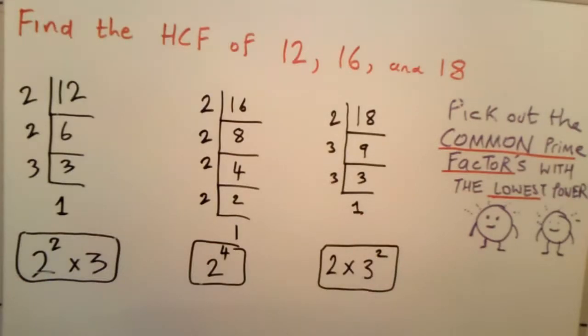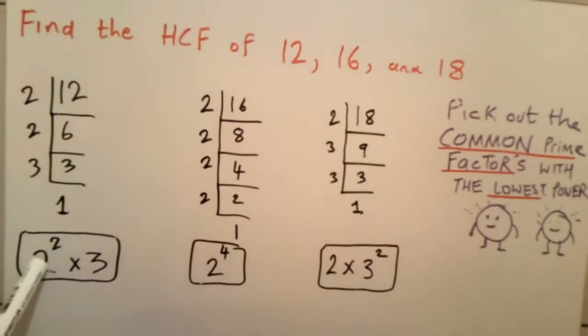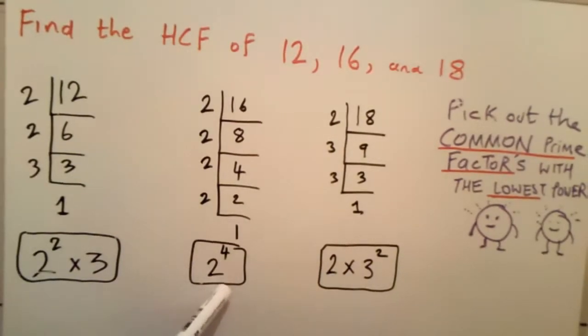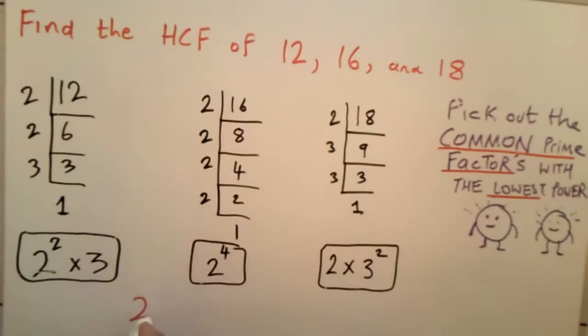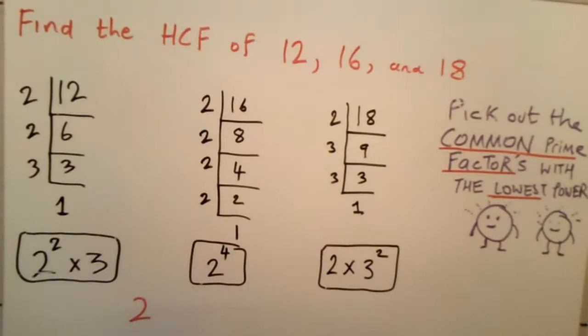So looking at our factors here, which factor is common in all of them? Let's see. Well, we've got a 2 in here, and we've got a 2 here. Yep, we've got a 2 here as well. So 2's definitely there. But remember, we're finding the lowest power of our common prime factors.